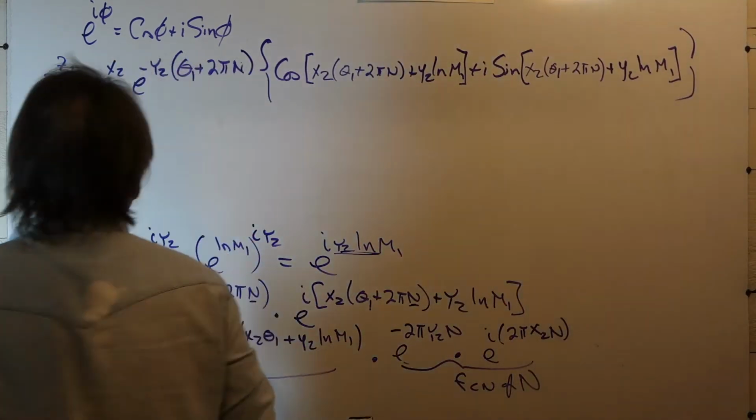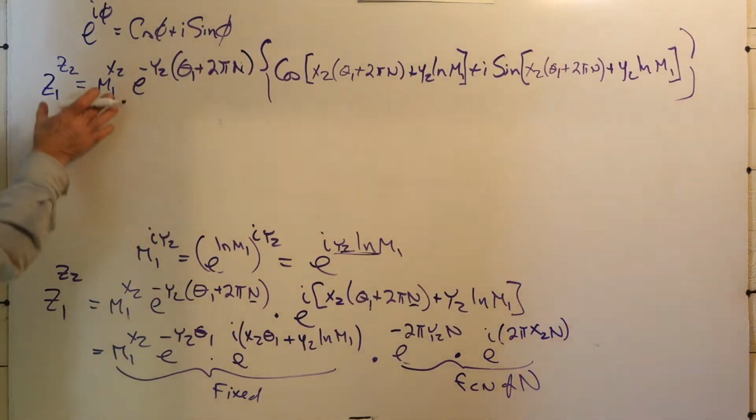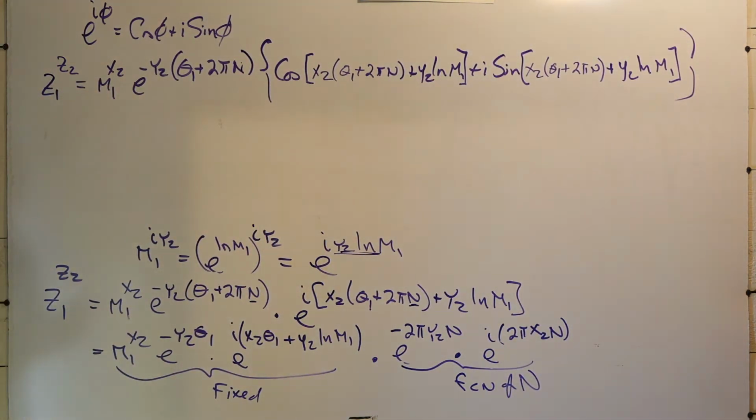So that's in trigonometric form. That's the expansion of z1 raised to the z2 power.